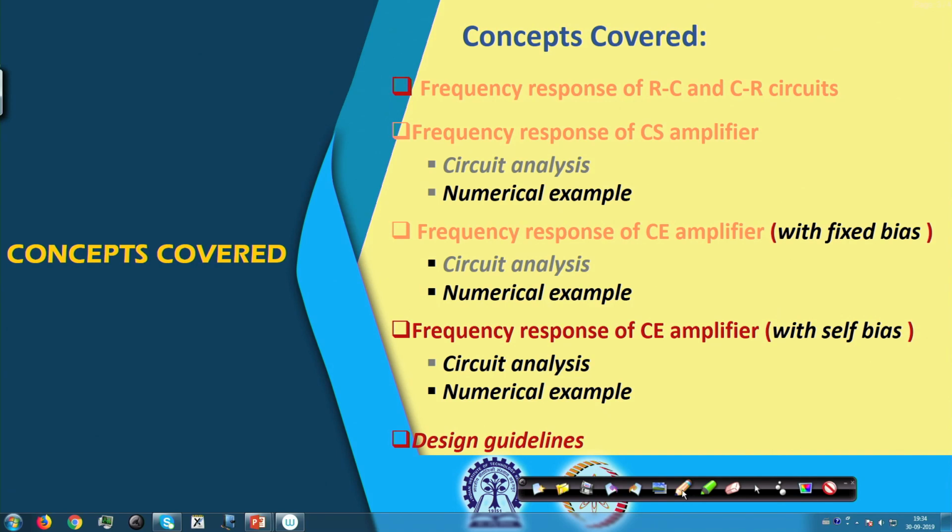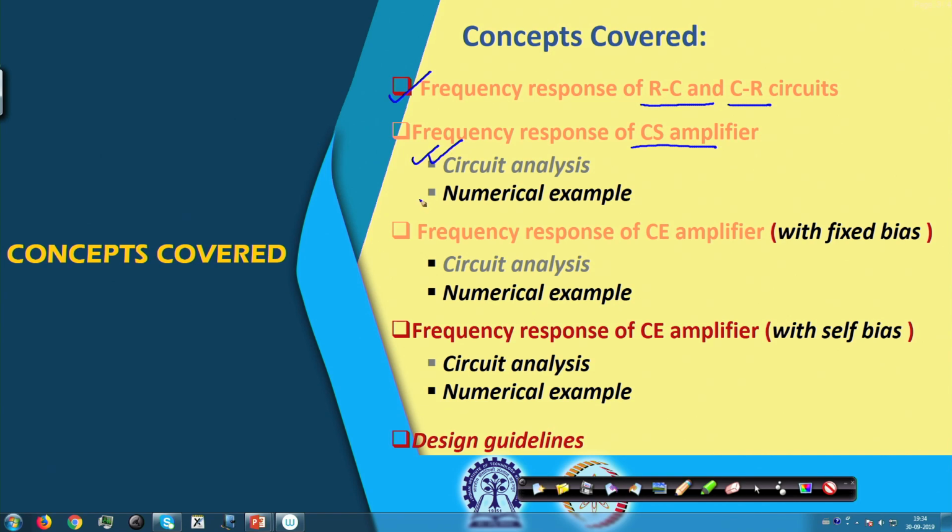So, what we have today, the overall plan: as I said, in the previous day we have discussed about the frequency response of CE amplifier, for which we have a detailed discussion about RC and CR circuit, and then we have discussed about the common source amplifier, particularly with circuit analysis.